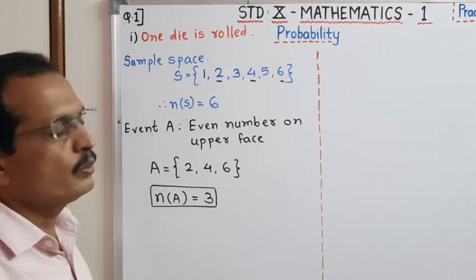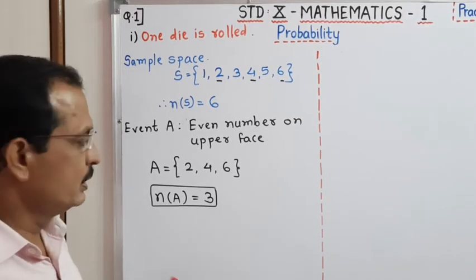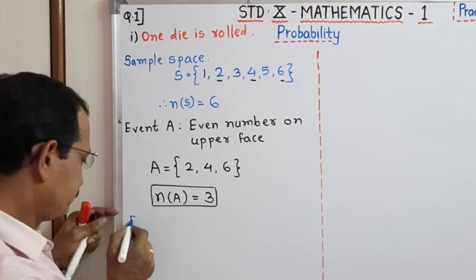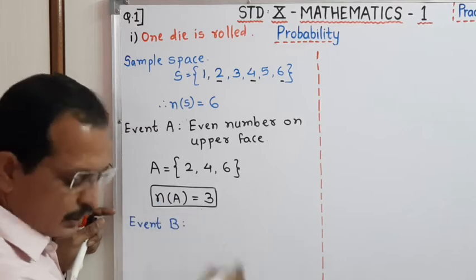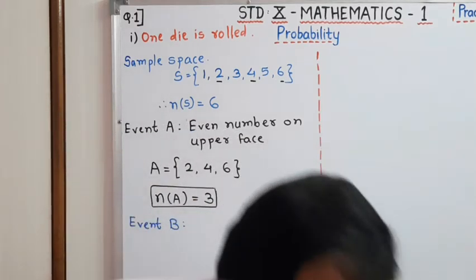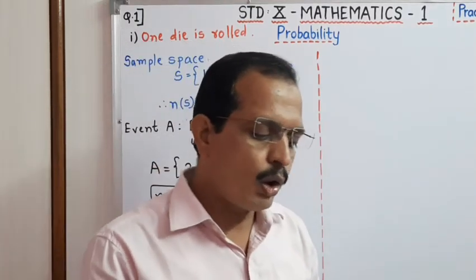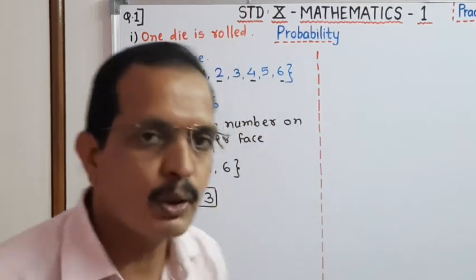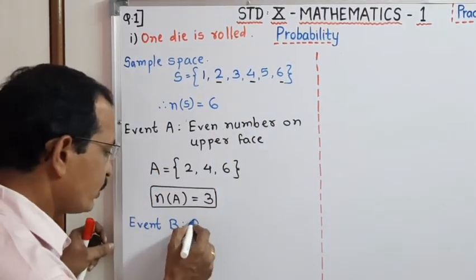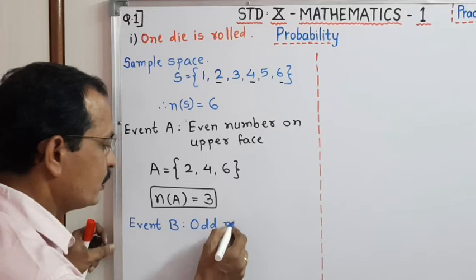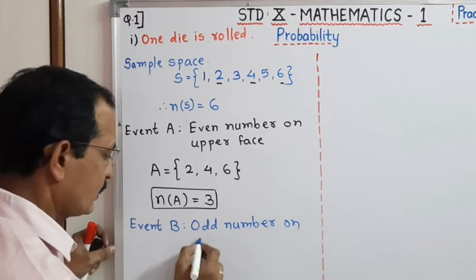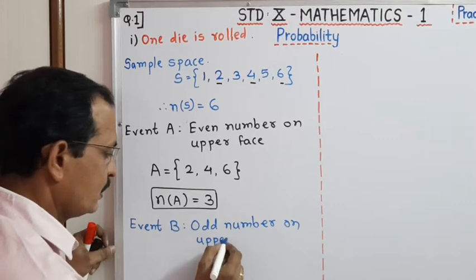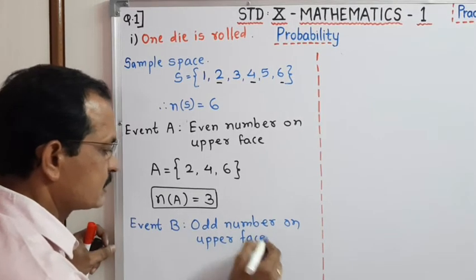Now dear student, we have to write the event B. What is event B? Event B, odd number on the upper face. Therefore we have to write odd number on upper face.